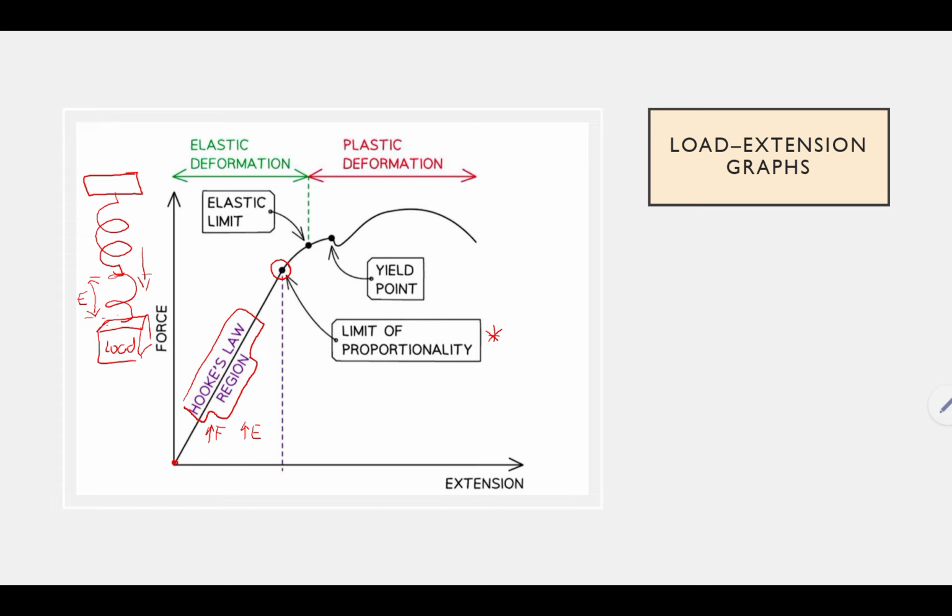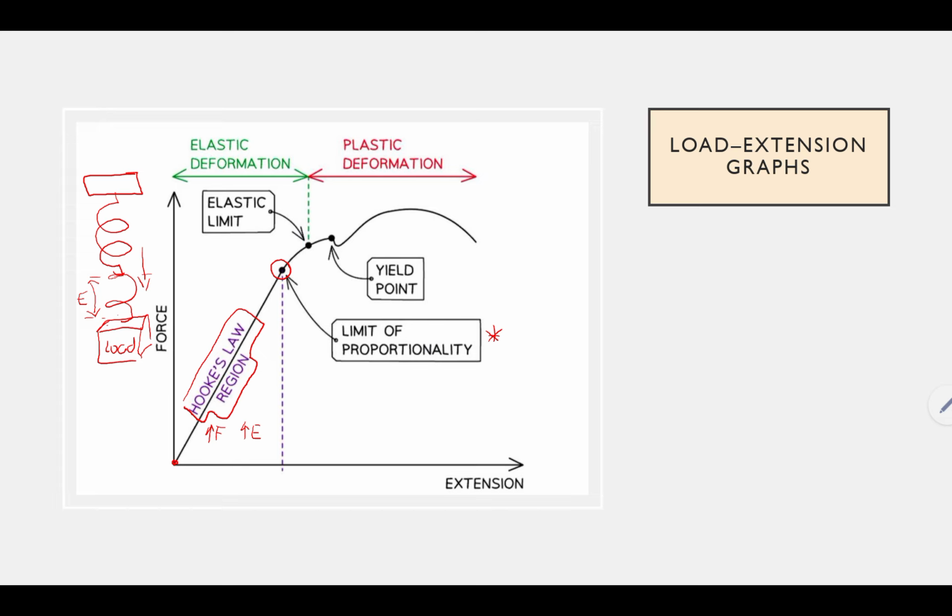After that, what's happening? I'm giving the spring a little bit more force than the limit of proportionality. So the spring is still going down, and when I remove the load, it still goes back, but it doesn't go all the way back to its original shape. So here, it is not applying Hooke's law anymore.